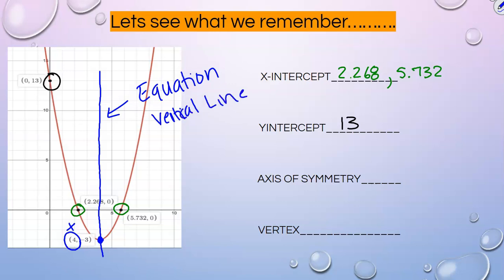So that means that it has to be x equals something. Since we have to express that entire line, it has to be x equals 4, because that 4 is the x-coordinate of our vertex.